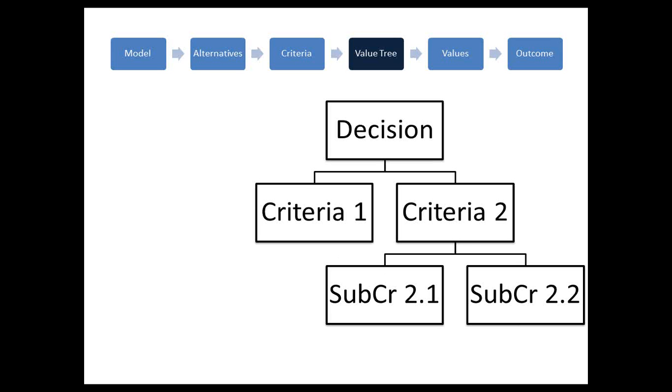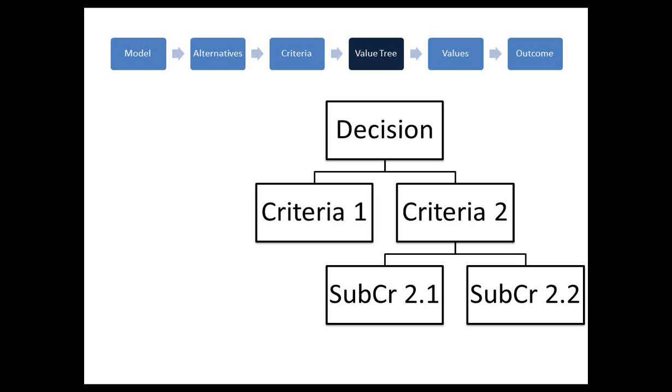In contrast, this is a 2-level hierarchy where the decision is influenced by criteria 1 and criteria 2, but criteria 2 in turn is influenced by subcriteria 2.1 and subcriteria 2.2.